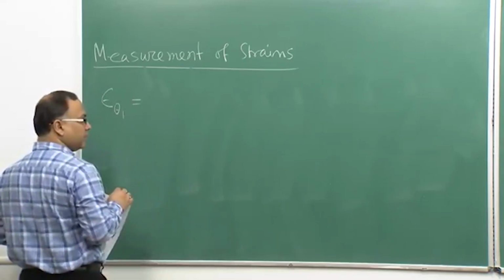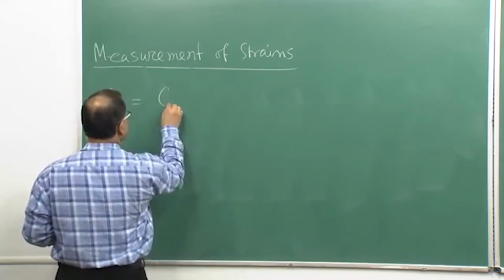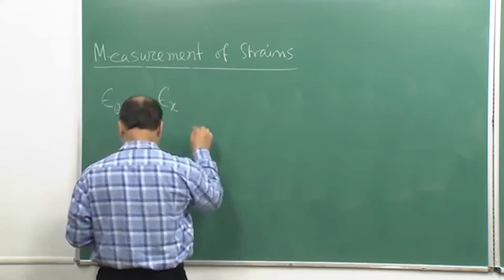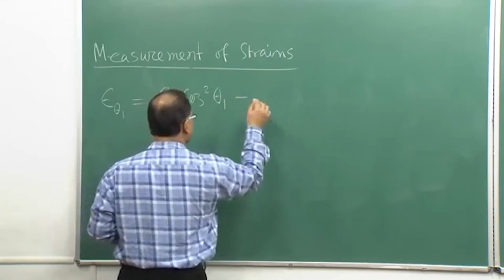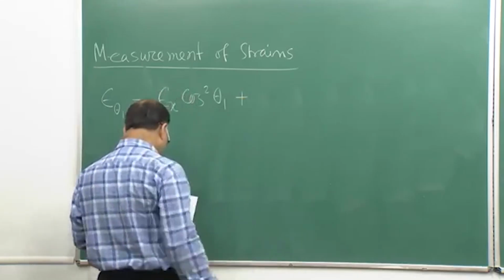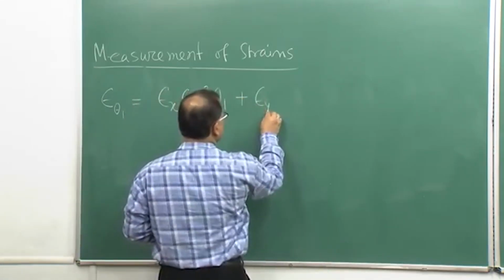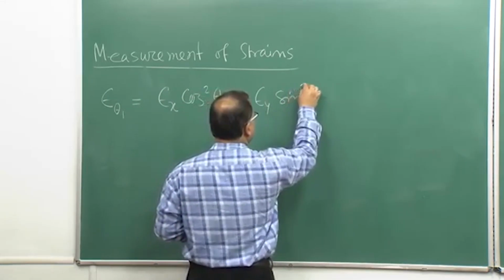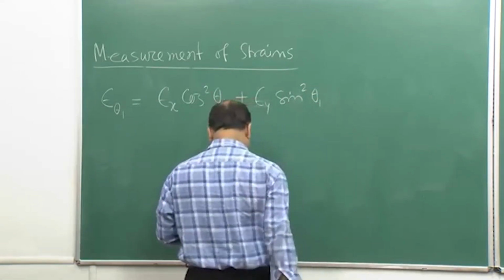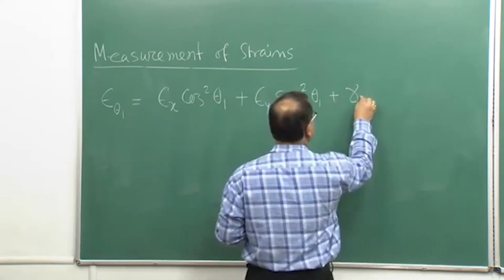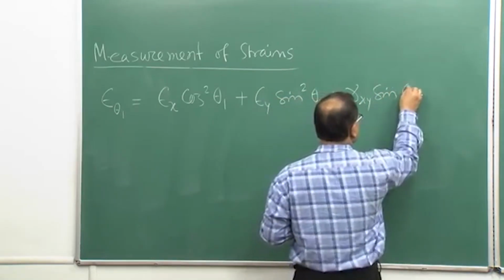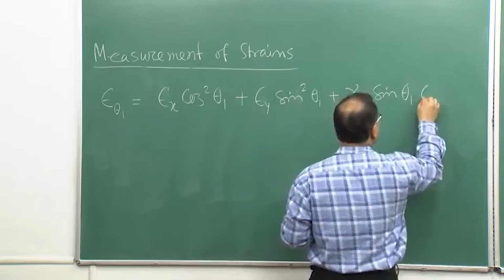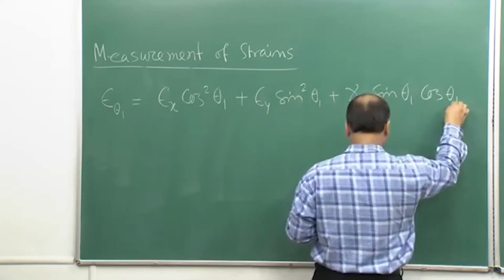Epsilon theta 1 can be written in terms of epsilon x cos square theta 1, if you recall the previous lecture discussion, plus epsilon y sin square theta 1 plus gamma xy sin theta 1 cos theta 1.